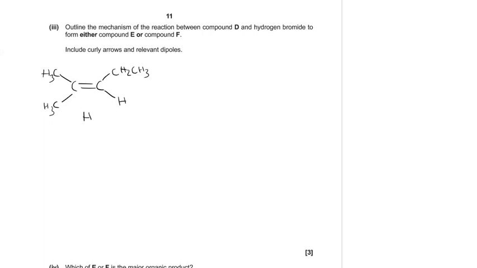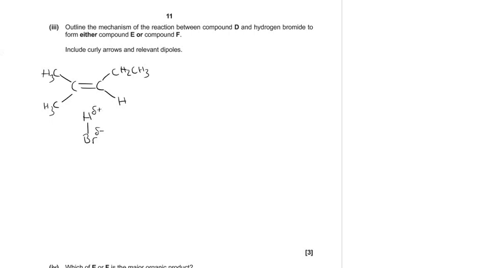And we should remember we're adding hydrogen bromide. There's the structure of that. So first things first, as I said, draw in your dipoles. We should be able to see that this bromine atom is electronegative, so that's going to have a partial or a delta negative charge, and this hydrogen is going to therefore be delta positive.